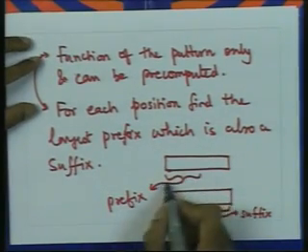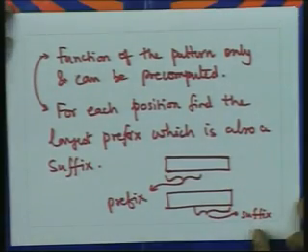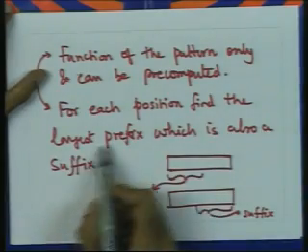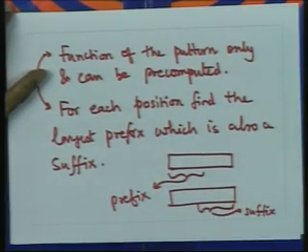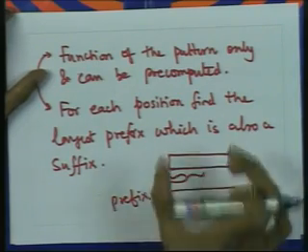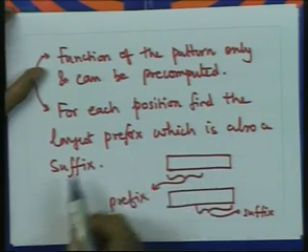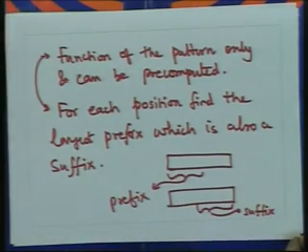So given any string, I want to find the largest proper prefix which is also a suffix. Clearly, the string is a prefix of itself and a suffix of itself, but I want the largest proper prefix of a string which is also a suffix. So this is what I want to compute.